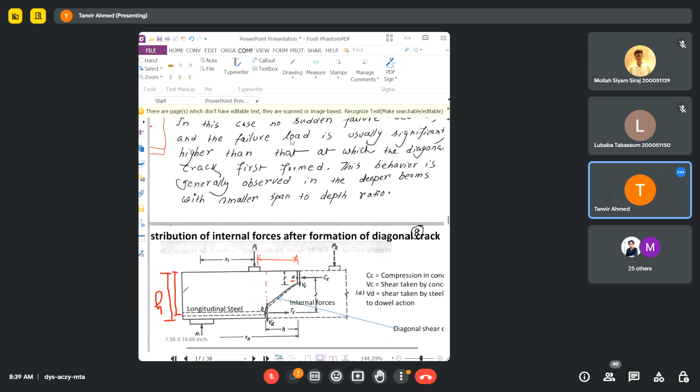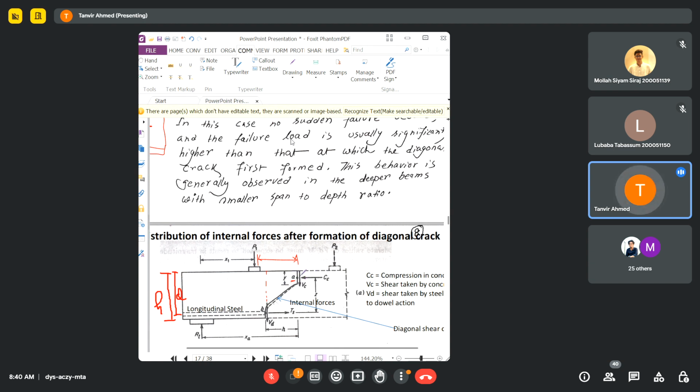If d or h is large, in that case what will happen, the crack will keep propagating, but because there is the compressive force here, and if your beam is a deep beam, then this compression block will be comparatively large.